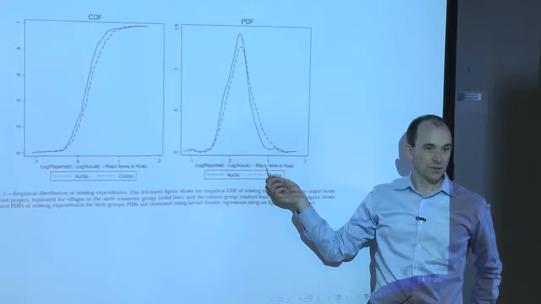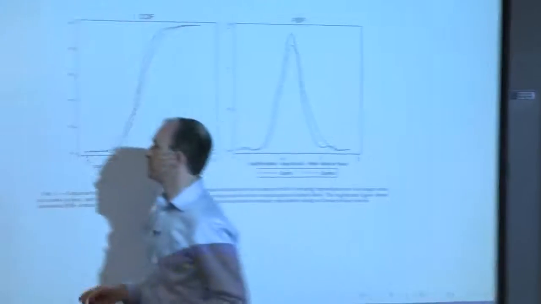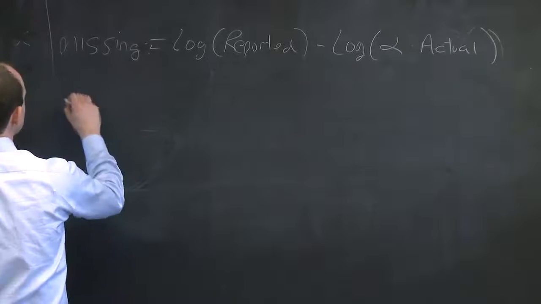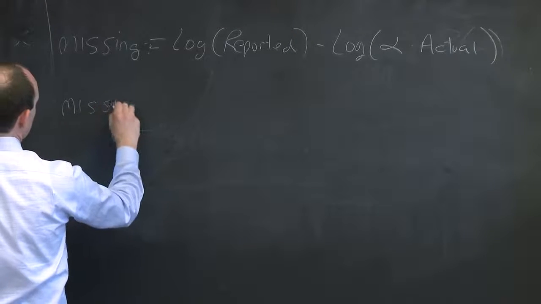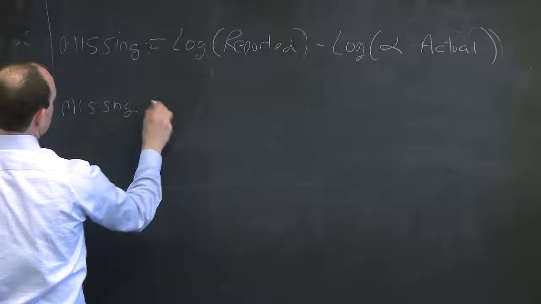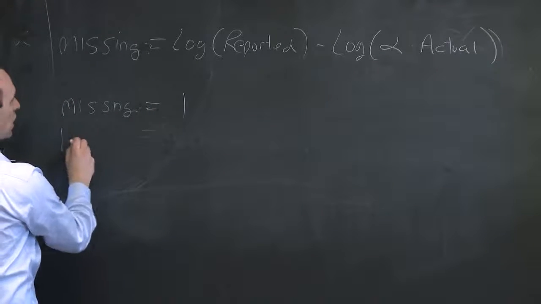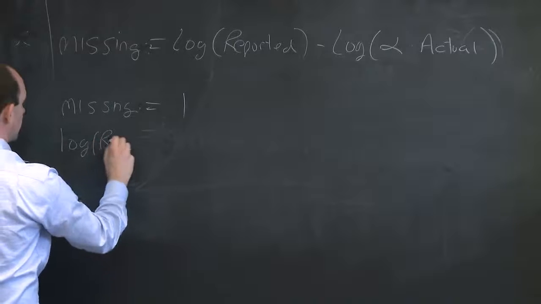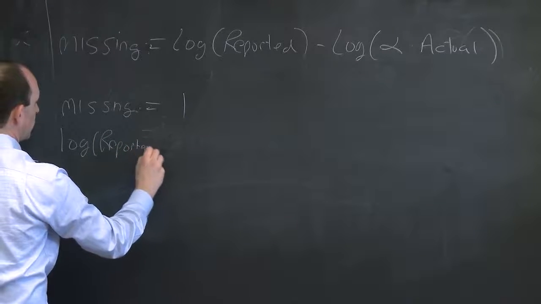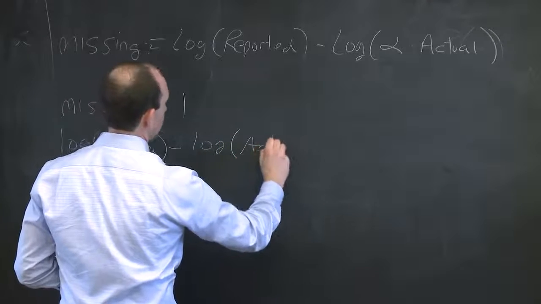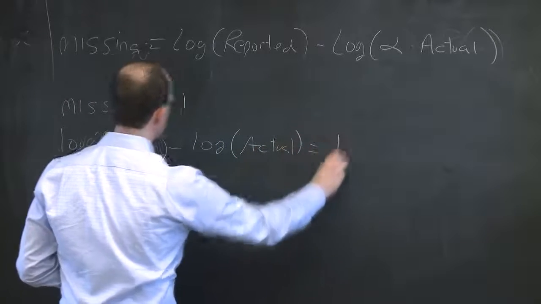OK, so if missing is equal to 1, that implies that log reported minus log actual is equal to 1.